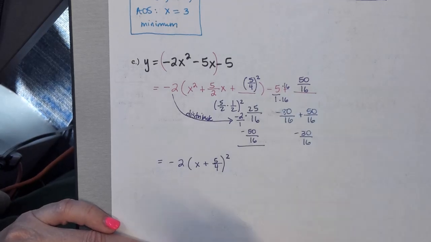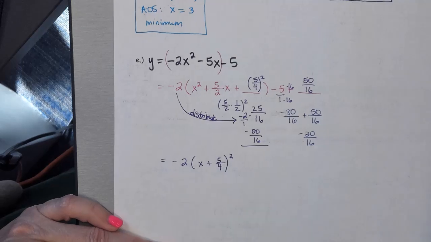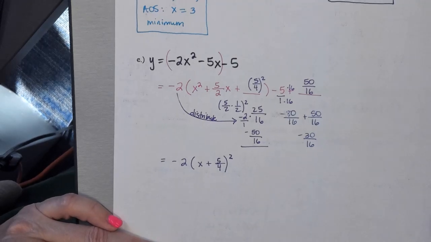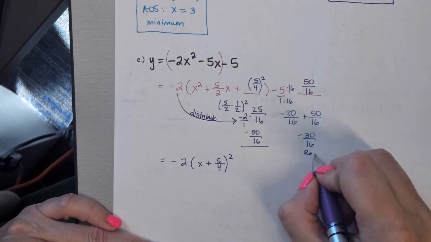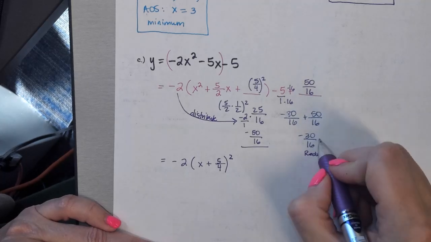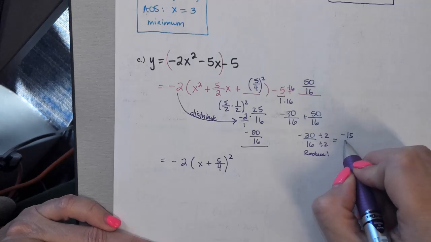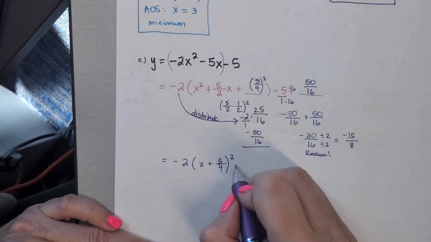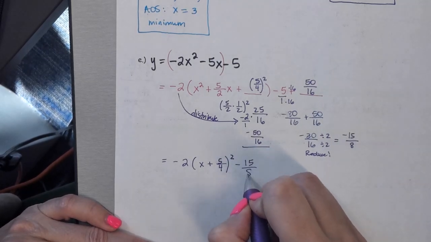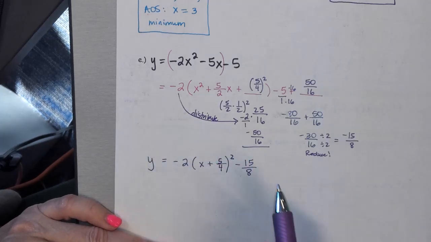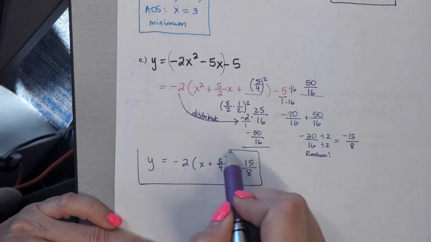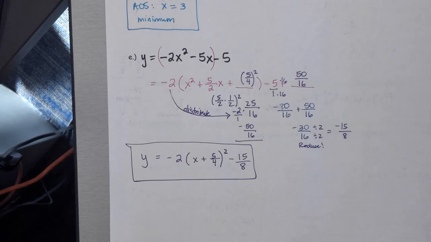And then what can I do to that? You got to reduce it, right? What goes into both? 2. Divide by 2, divide by 2. So -15/8. There we go.